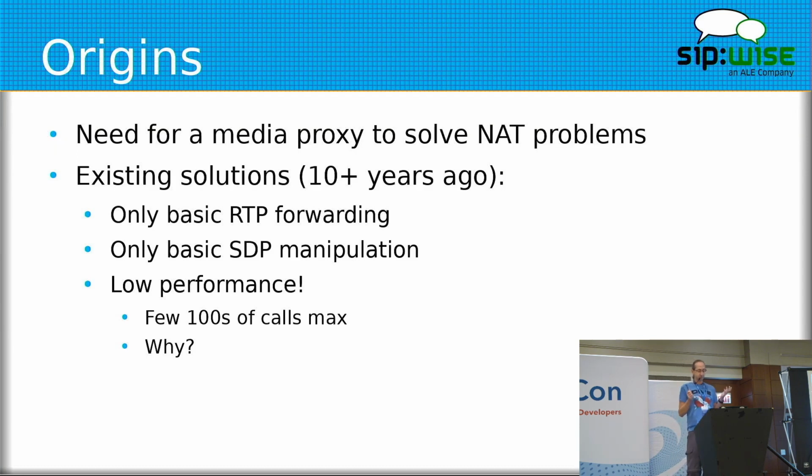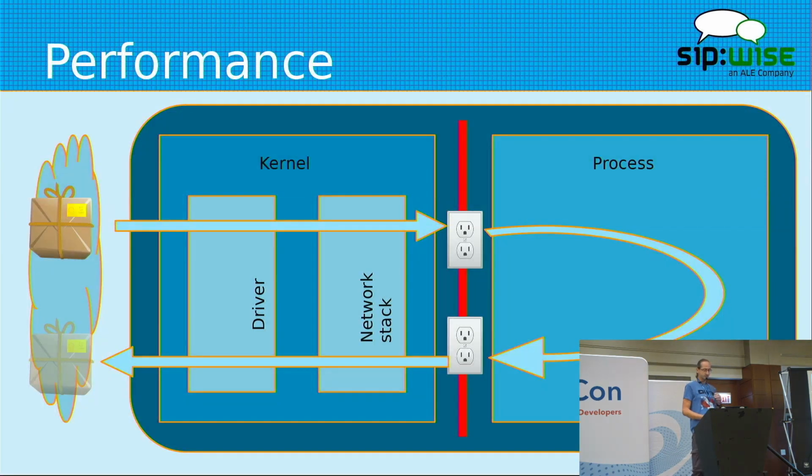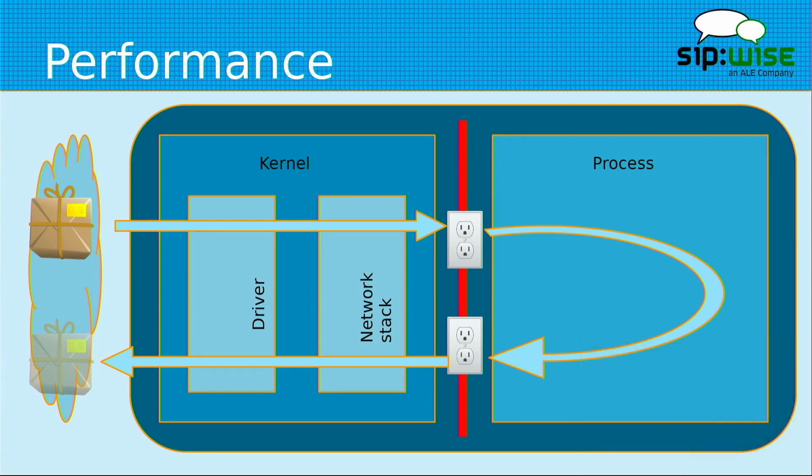So in order to understand why this happens, and this was not because the software was written badly, you can optimize this as much as you want, but you will always run into some kind of bottleneck there. So to understand why this happens, we need to get our hands a little bit dirty. This is basically what happens in a media proxy.